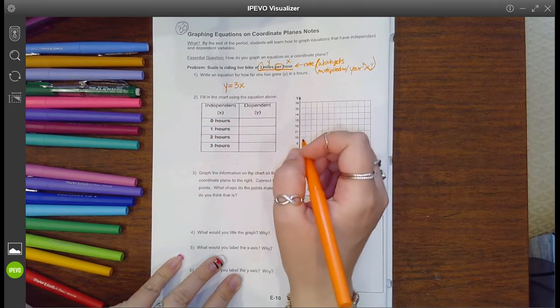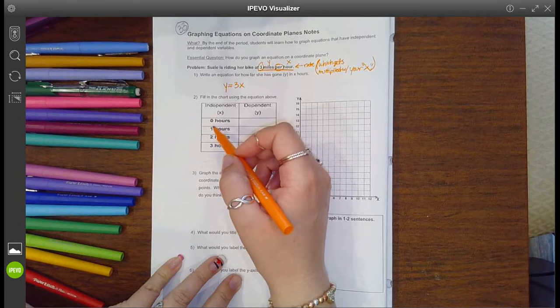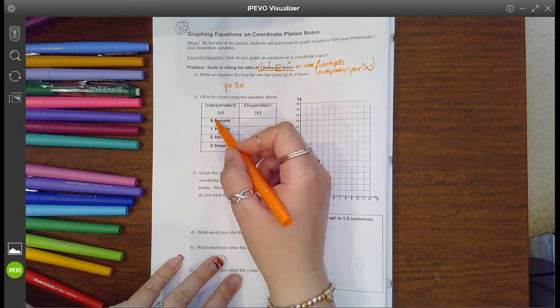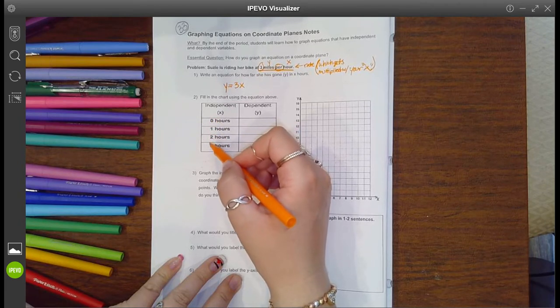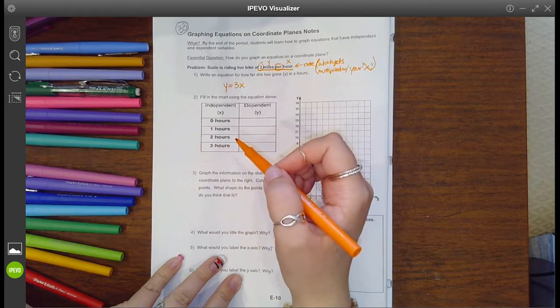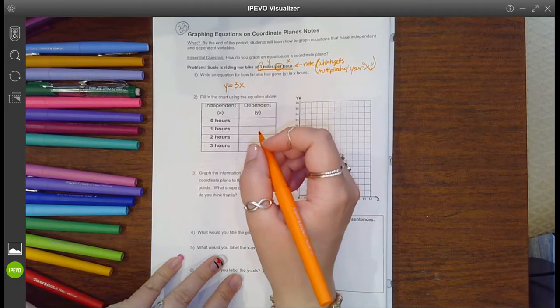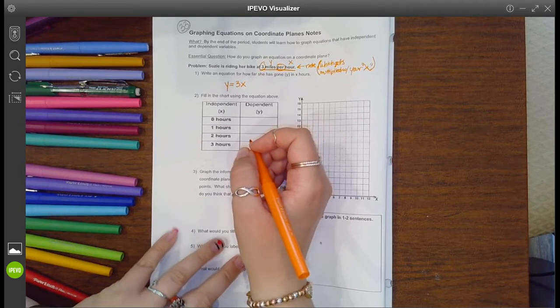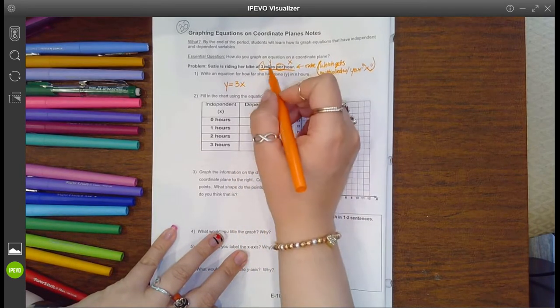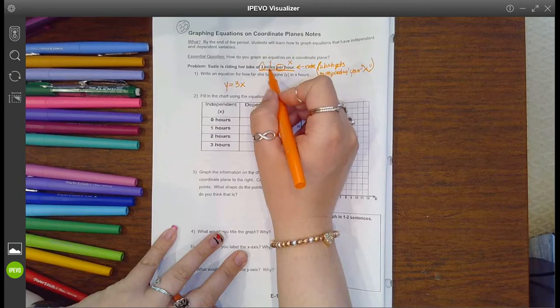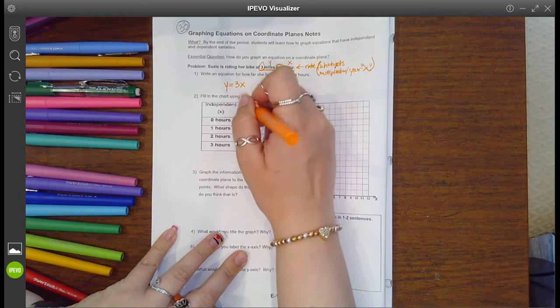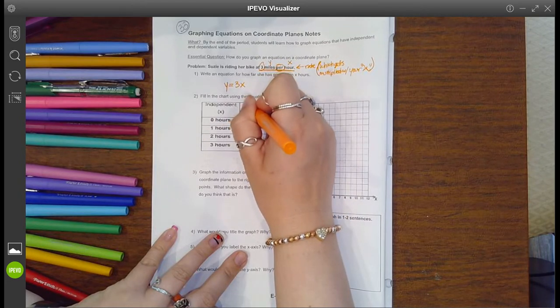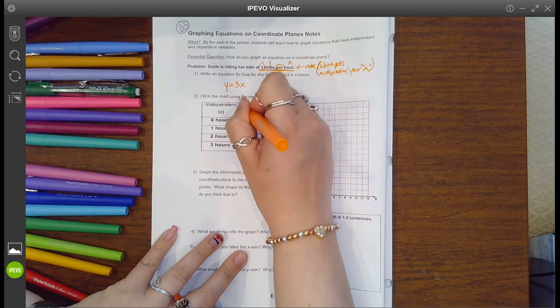Okay, so right here, they told me the values to plug in for X. They said plug in 0, 1, 2, and 3. So let's go ahead and do that to my equation. Again, your Y is talking about the distance. Sometimes they'll ask you to specify what the Y is talking about.